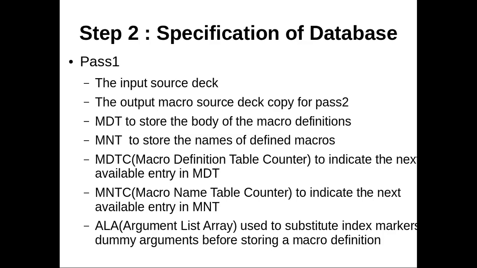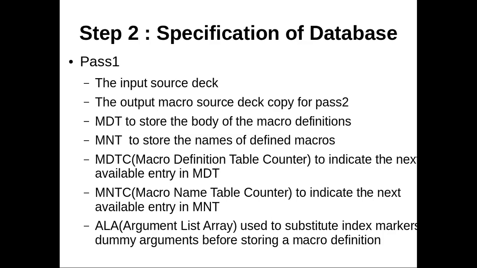The macro definition table contains the definitions, and the macro definition table counter tells what the next available entry is to store your macro definition. Then the next one is the macro name table counter, which gives the next available entry to store a macro name in the macro name table.